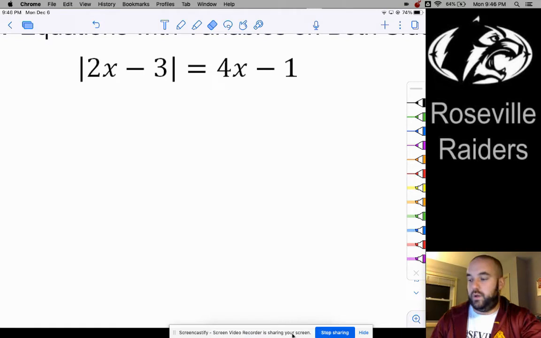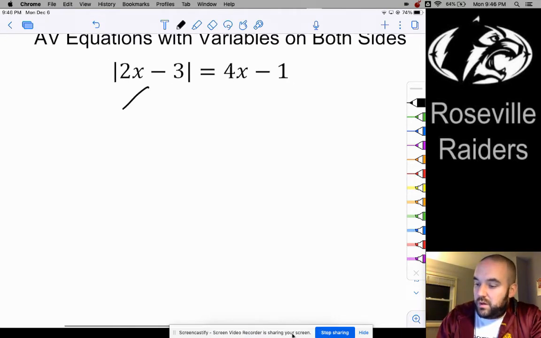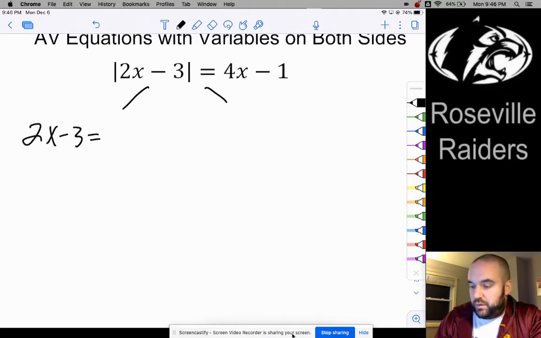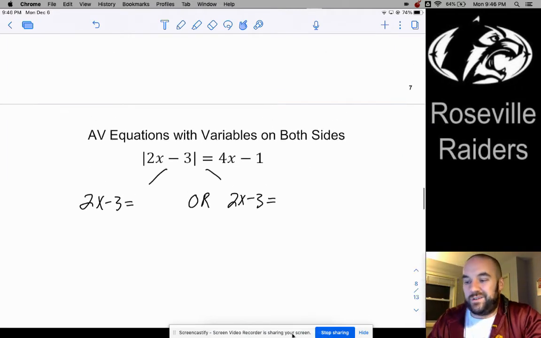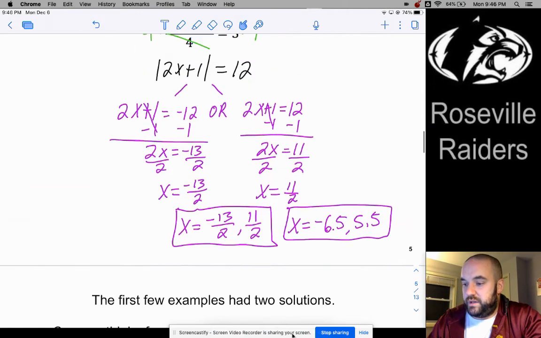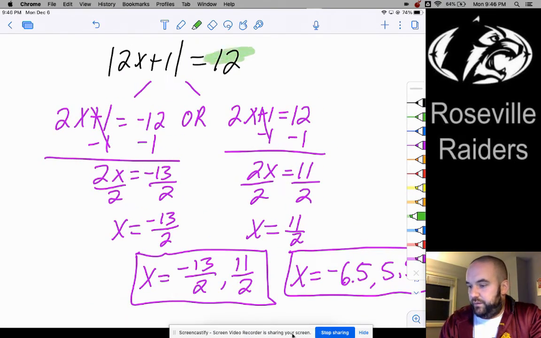So what do we do? We're going to split it up just like we've done into two equations, one where 2x minus 3 is equal to something, and another one where 2x minus 3 is equal to another something. If we take a look back real quickly, when we split this up, this was positive 12.